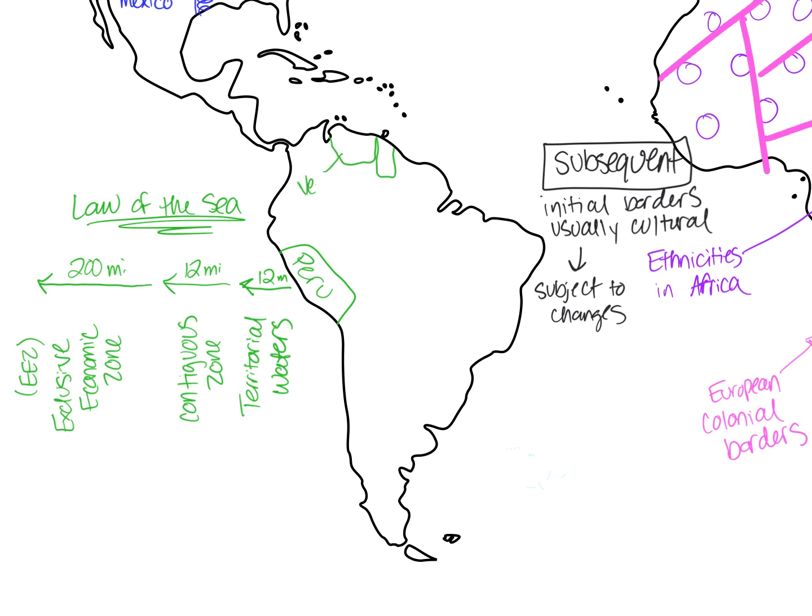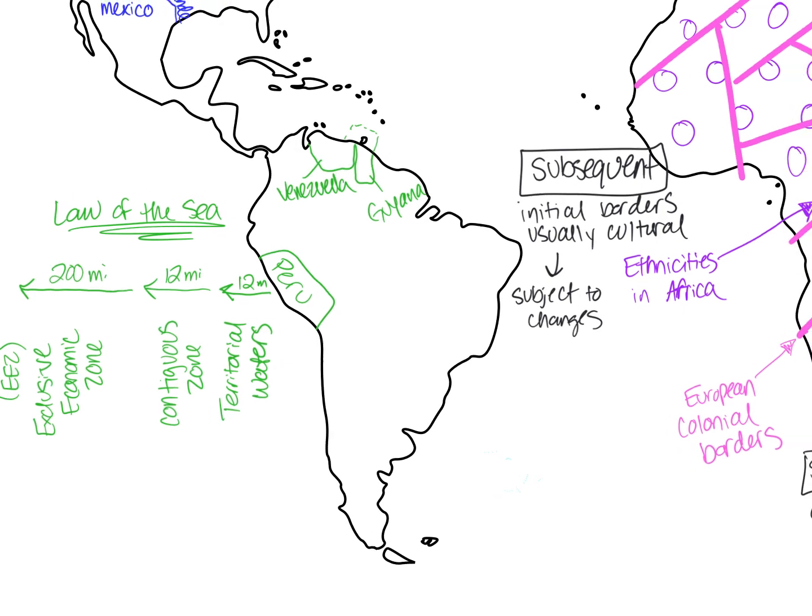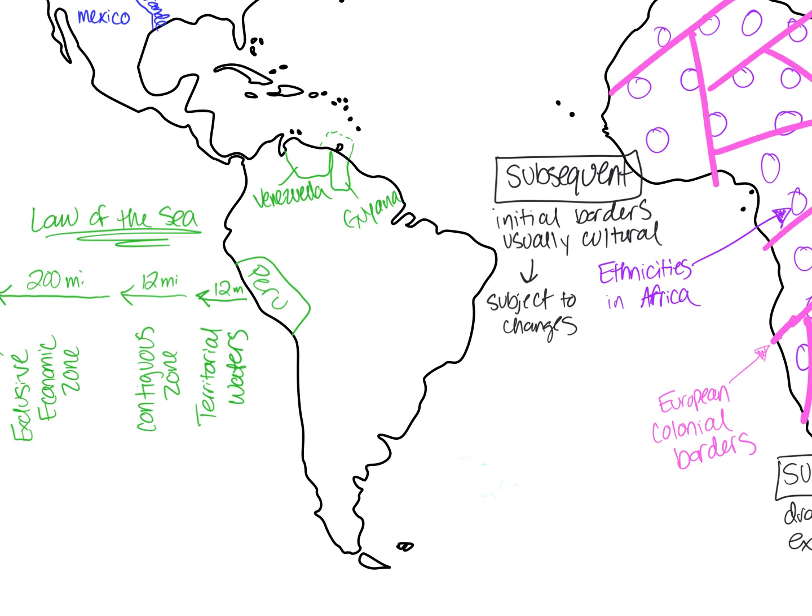Make sure you label those, Venezuela and Guyana. And I'm going to put a dotted line out there because that was really the region they were concerned about with Essequibo, because Venezuela wanted that stuff off the coastline there.